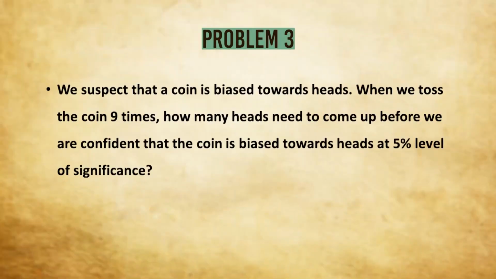We suspect that a coin is biased towards heads. When we toss the coin 9 times, how many heads do we need to have before we are confident that the coin is biased towards heads at 5% level of significance? Here it is a different way we are asking the question. Basically we are asking how many heads we should get out of 9 tosses.